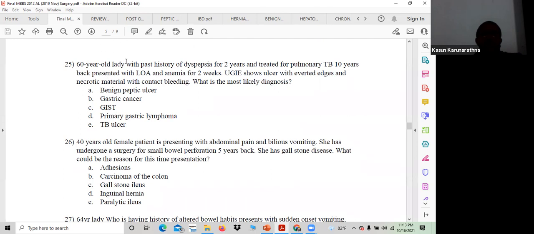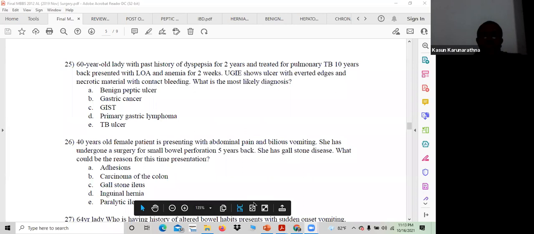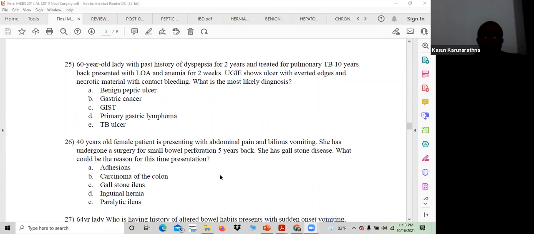A 60-year-old lady, right? Loss of appetite, anemia, background history of dyspepsia for 2 years. What is your diagnosis here? Answer? What is the answer?